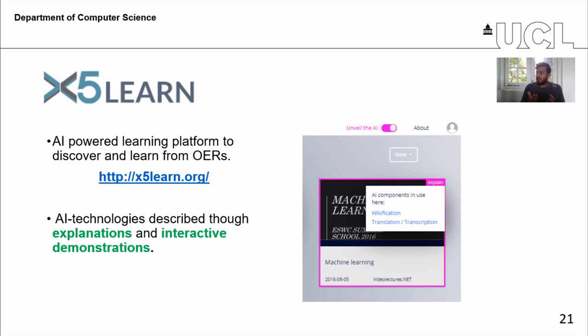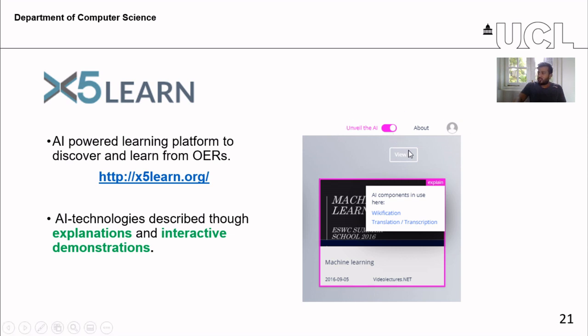Then finally, before I go to the demo, what we've done is we've taken all these AI components and put it into one intelligent learning platform, which is available at x5learn.org. And here we have also provided this switch, which is called Unveil the AI.